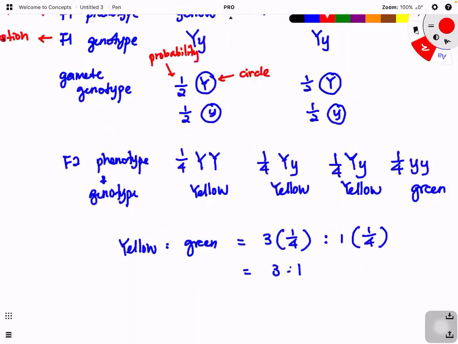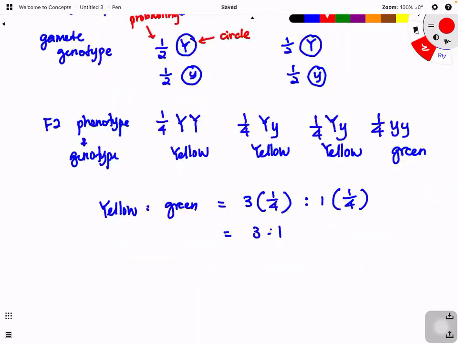And then when it comes to the genetic diagrams, you must have 3 things. First, the probability of each genotype. Then you must have the genotype and the corresponding phenotype. Can you see that? So these are the 3 things that you need to know.